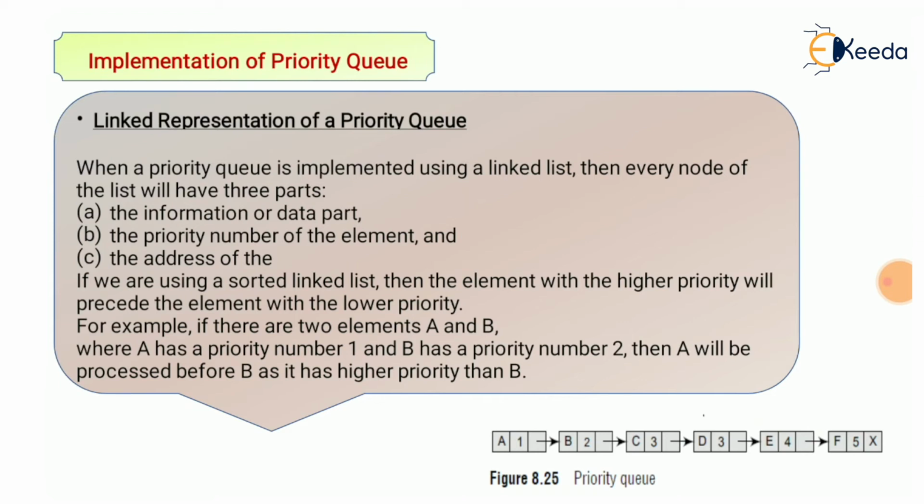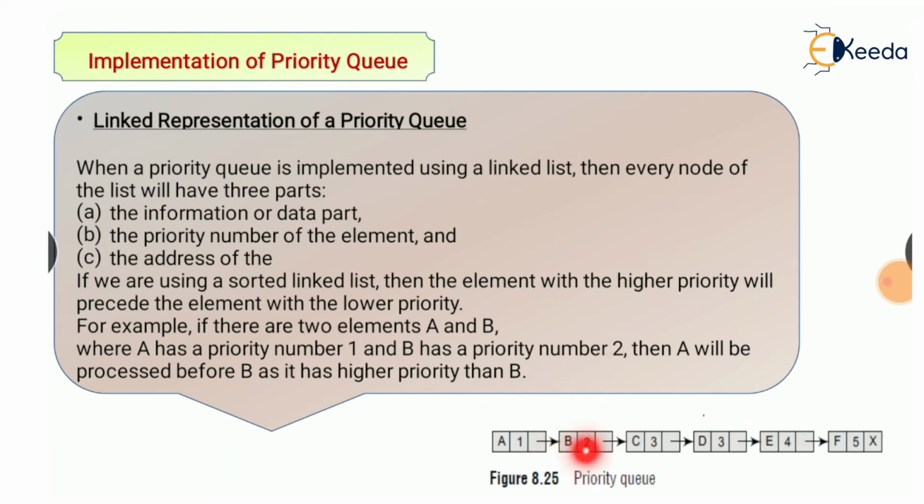After priority queue or after stack and queue, you can understand what is a linked list. The linked list shown in Figure 8.25 contains the data in the first part, namely A, B, C, D, E, F. These are the data part.